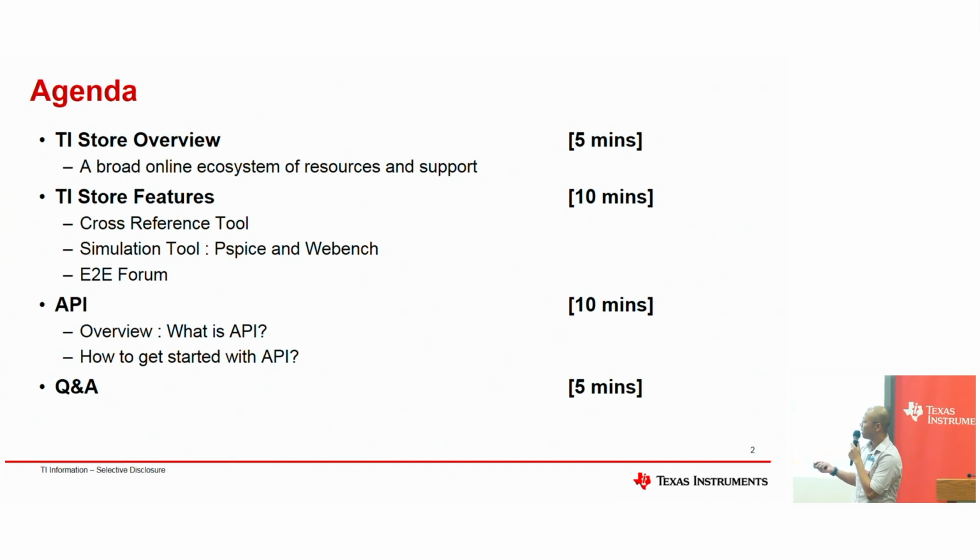And I will talk about our cross-reference tools, our simulation tools like our PSpice and our Webbench, and also our customer support, where you can use our E2E forum to look for technical support, and we also have our customer service center. Some of you might have already heard of this thing called API. So I would like to use this opportunity to talk about what exactly API is, why we are pushing API, and how you get started with API.